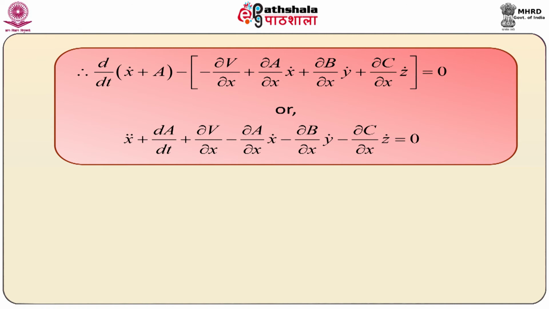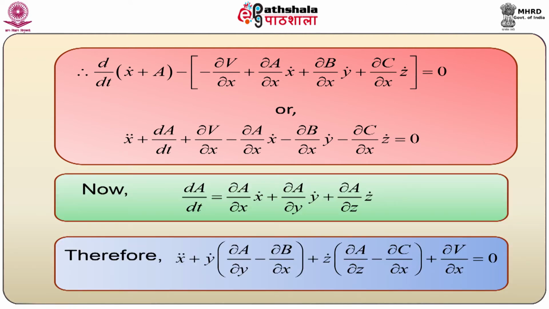Taking the time derivative of the first term, that is the time derivative of ẋ plus capital A, we get the first two terms of the next equation, that is ẍ plus dA/dt. These terms come from here, that is from ∂L/∂x.